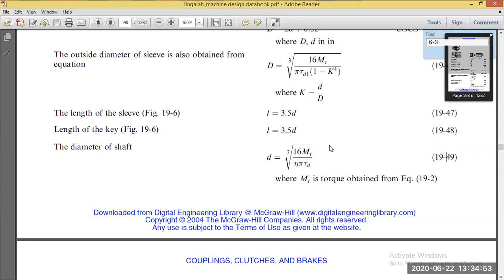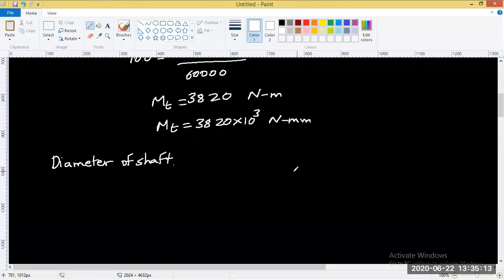The diameter of the shaft d is equal to the cube root of 16 MT by nu pi tau d, where tau d is the shear stress. Here this nu is called the keyway factor. I'll write it for you here.